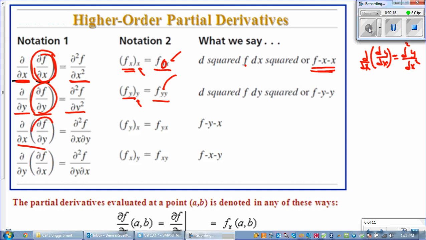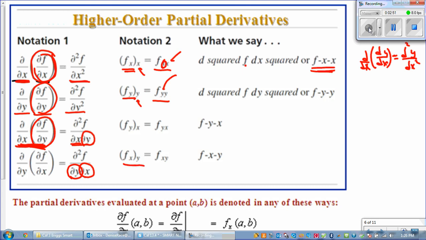You first find the partial with respect to y, and then with respect to x. So now notice that this differential notation will have them in the order that it would be written with this notation, but the one done first is the one on the right. So you do the partial with respect to y first, and then the partial with respect to x. So down here, it would be the partial with respect to x first, and then the partial with respect to y.